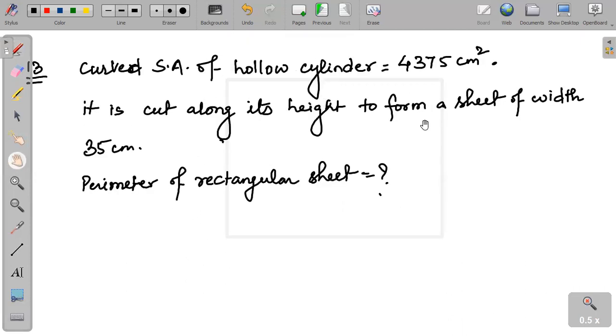See, the curved surface area is given to be 4375 centimeters square and it is cut along its height.